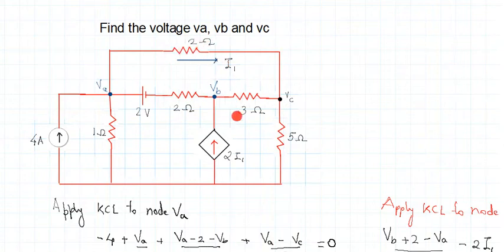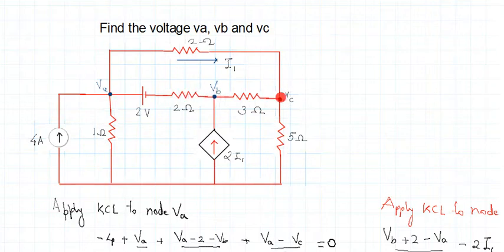If there is a dependent source involved, the dependent parameter must be present in the circuit. So I1 must be part of the circuit. I1 is shown here, which is the current through the 2 ohm resistor. So this is your given network, and you have been asked to find the node voltages VA, VB and VC respectively.